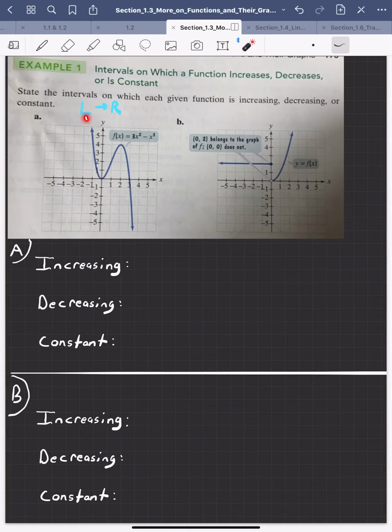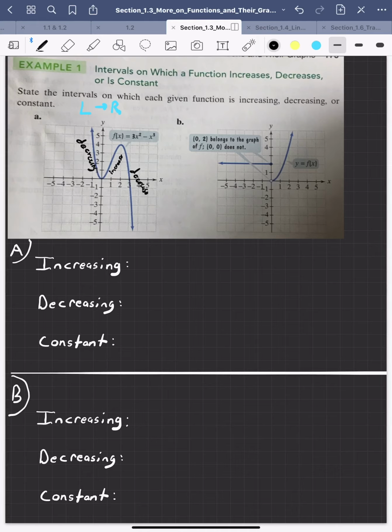It looks like it's decreasing all the way until we get to this point right here. Agreed? So all of this is decreasing. At this point, we have a turning point and we start to increase. And then we have another point and we start to decrease.